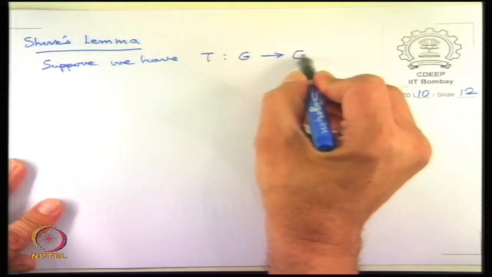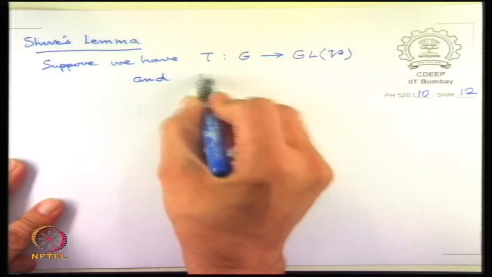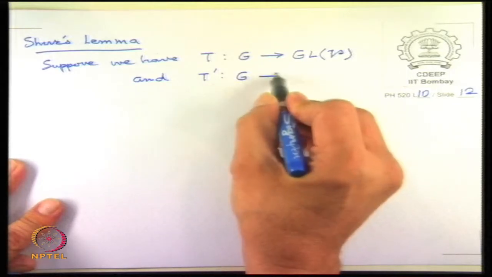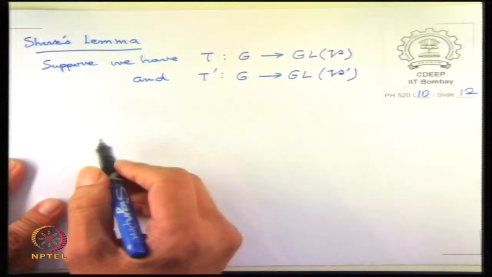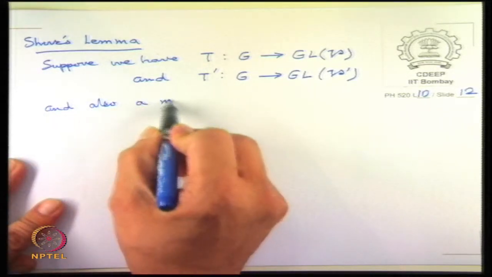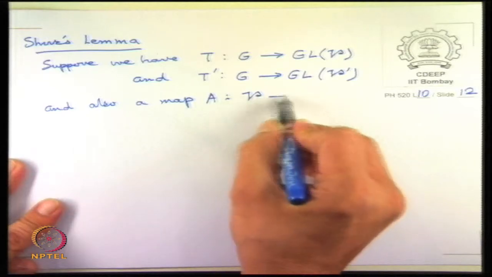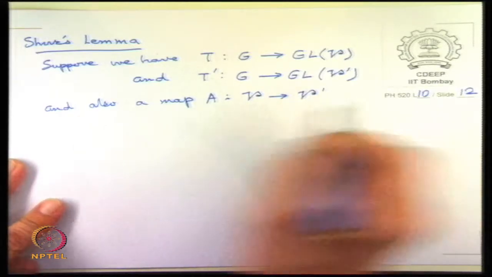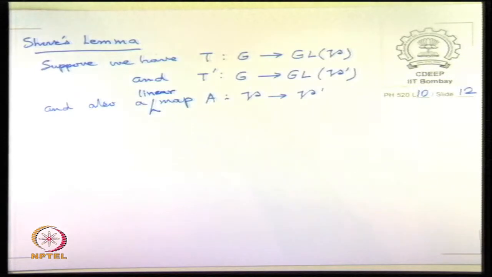Suppose we have one representation T, which is from the group G to GL acting on some vector space V, and a T prime which is from group G into the general linear transformations on another vector space V prime, and also a map A which is from V to V prime, which is a linear map, or a linear operator.